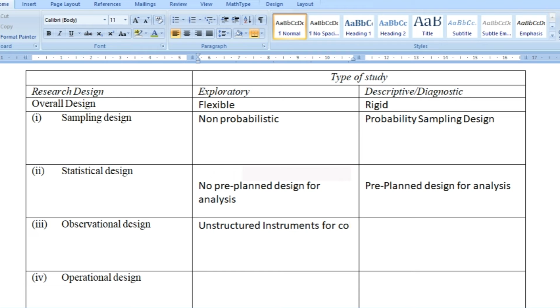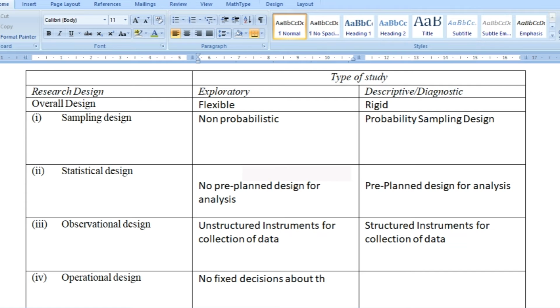We'll be taking up in detail these unstructured instruments of data in the next section, while for descriptive or diagnostic it is structured. The last is the operational design. As far as exploratory is concerned, no fixed decision about the operational procedures exists in exploratory design, whereas we have advanced decision making procedures when descriptive or diagnostic research design is taken into consideration.